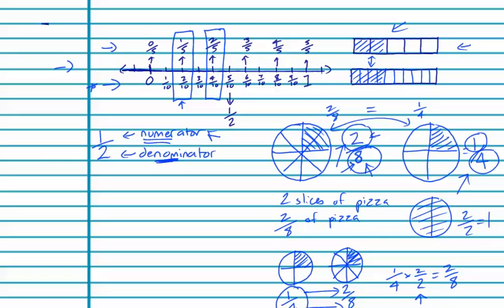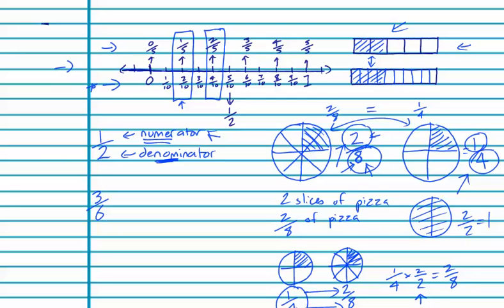And so if they'd given me, it said, all right, you've eaten 3/6 of a pizza, and you wanted that written as simply as possible, ask yourself what number goes evenly into 3 and 6?